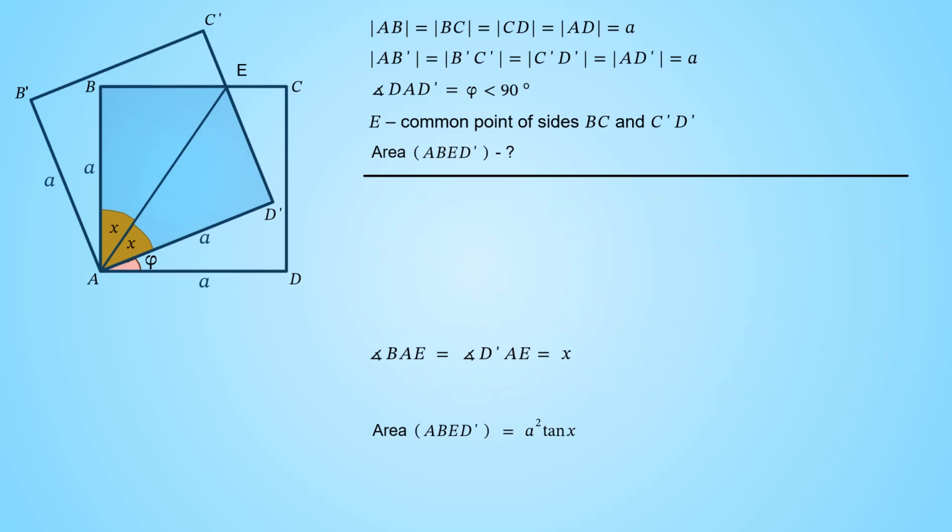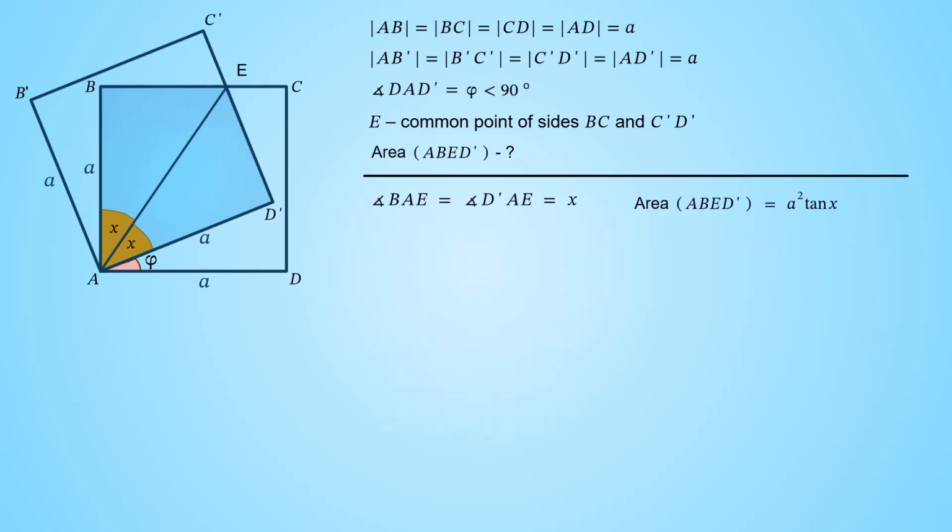Let's wipe out the stuff we no longer need and move up the lines we do need. Angles DAD', D'AE, and BAE together form a right angle BAD. The value of angle DAD' is phi, while both angles D'AE and BAE have value x.